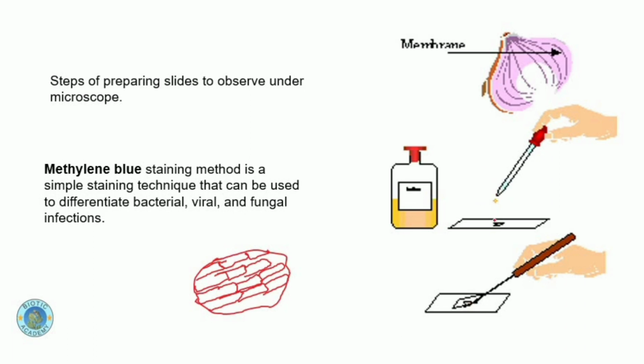So I'll put a drop of iodine or methylene blue, whatever dye we can use, over here. Then I'll put the onion epidermal skin on it, and then I will put a cover slip. It's a small square piece which I'm going to put over the slide, over that onion epidermal skin, and then I will observe it under the microscope.